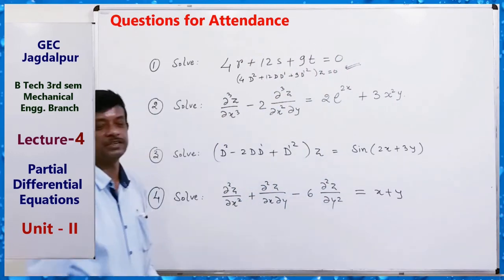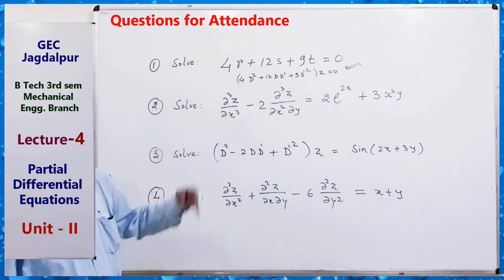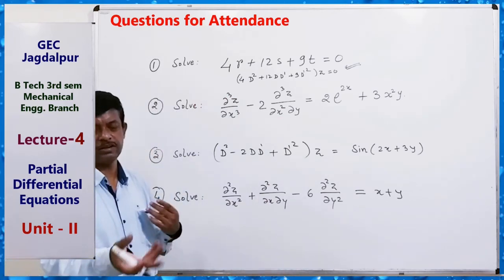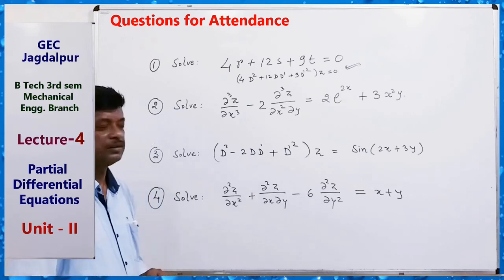Only the complementary function you have to find, that is the complete solution. Write the auxiliary equation and solve, find roots and just write the solution.